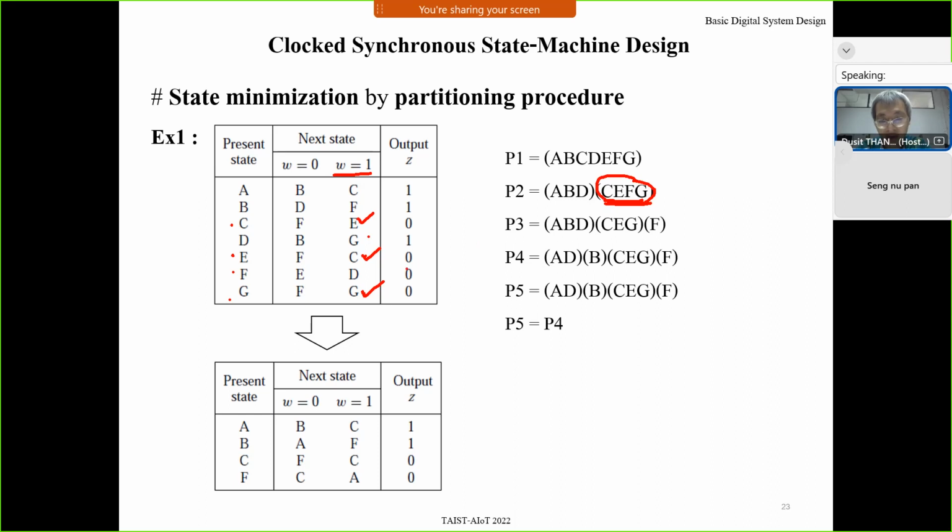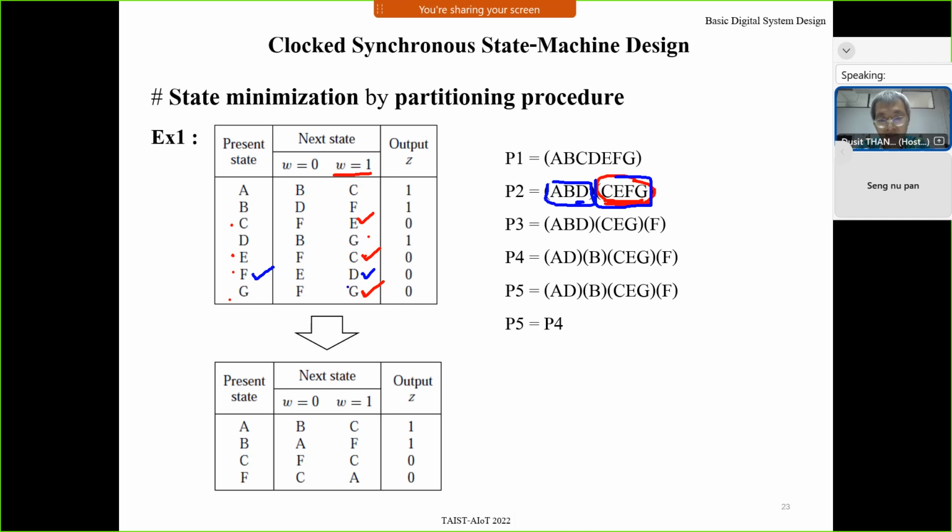But the next state of F is D. D is in the other group, and you already know that the states in this group and that group are not equivalent.